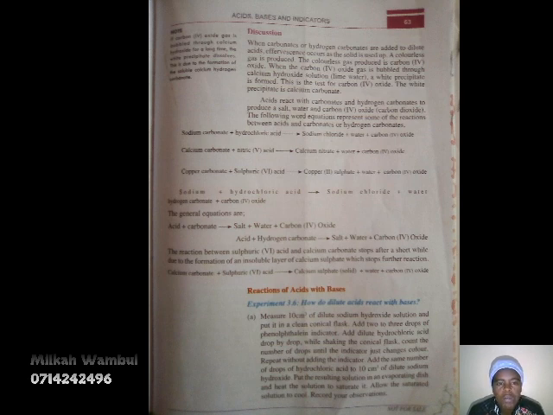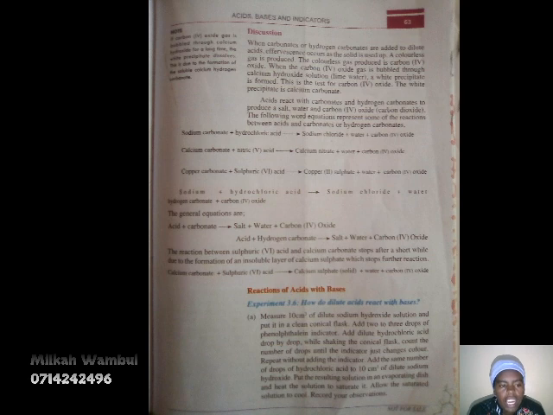How do you confirm the gas produced is carbon dioxide? You bubble the gas through calcium hydroxide solution, also called lime water, and a white precipitate is formed. That is the chemical test for carbon dioxide. An acid reacts with carbonates and hydrogen carbonates to form three substances: a salt, water, and carbon dioxide, which is the colorless gas.